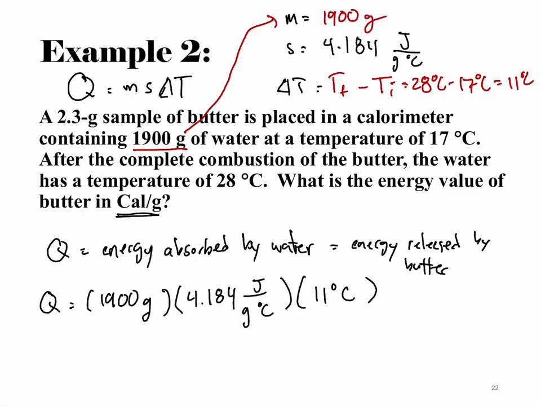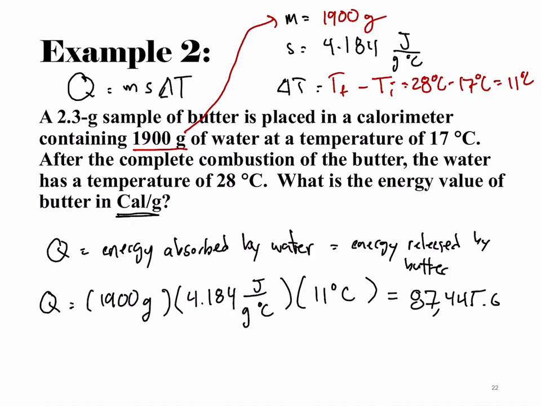So we plug all that in, we get 1900 times 4.184 times 11. That gives us 87,400 445.6.